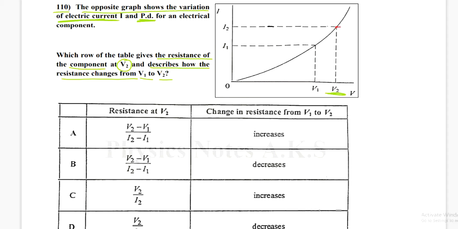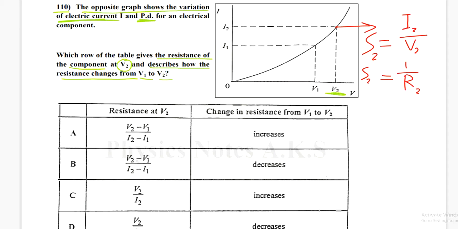The slope here, let's name it S2. S2 equals the Y's, which is I2, over the X's, which is V2. Okay, I over V is actually the what? The inverse of resistance, 1 over R at point 2.